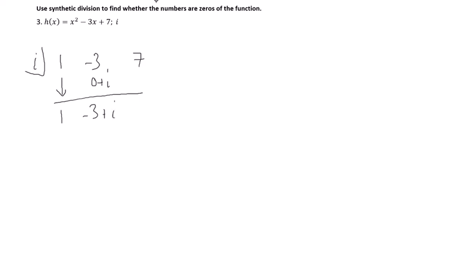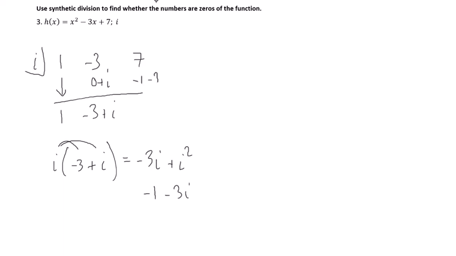Multiply by i, and distribute that, and you get -3i plus i squared. So -1 minus 3i. And as you see, these are not the same. It gives you 6 minus 3i. And so the answer for this one is also no.